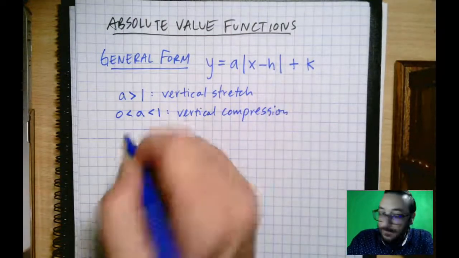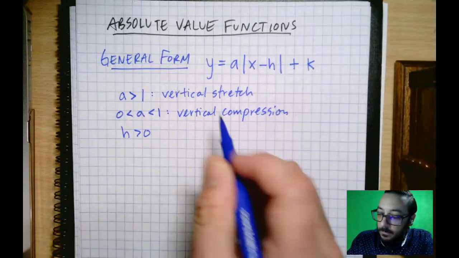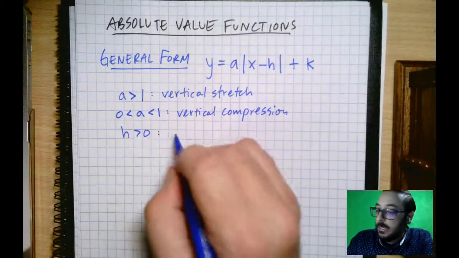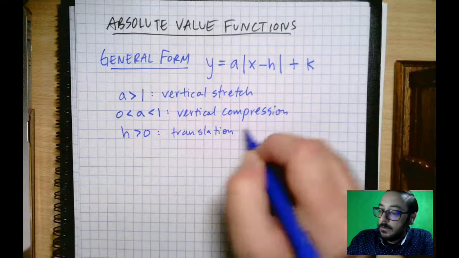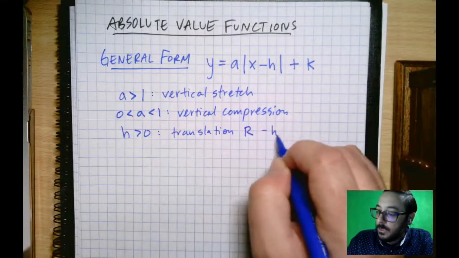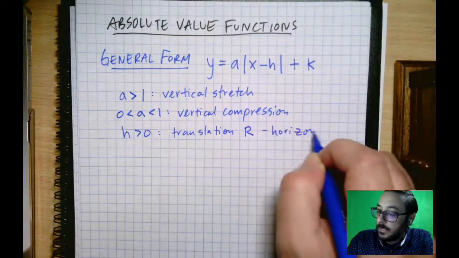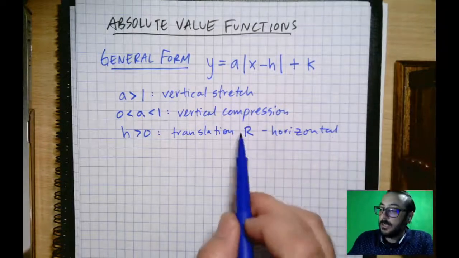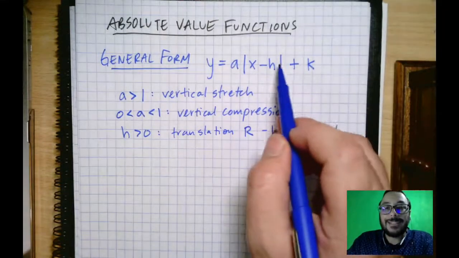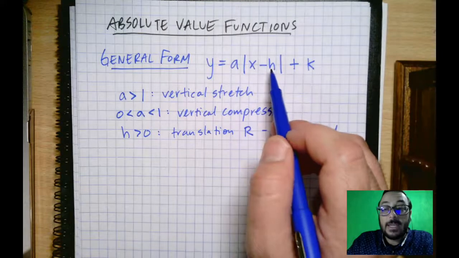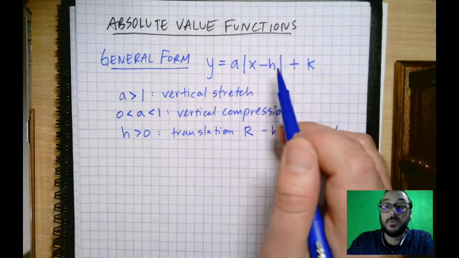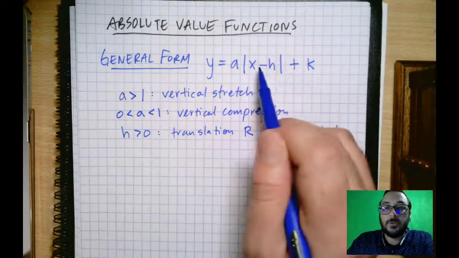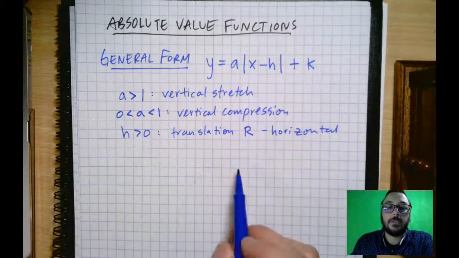So if h is greater than 0, this is going to be a horizontal translation to the right. Now, if h is positive, this remains x minus h. If h equals 2, this will be x minus 2. So the minus 2 is still there, so that's a translation to the right.